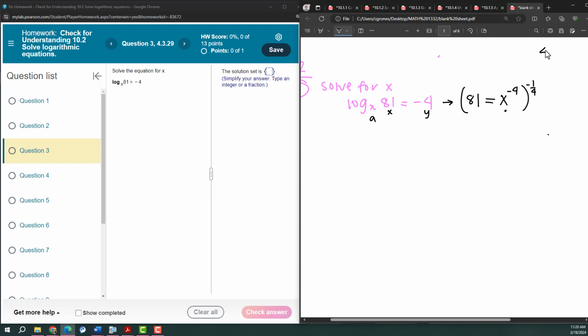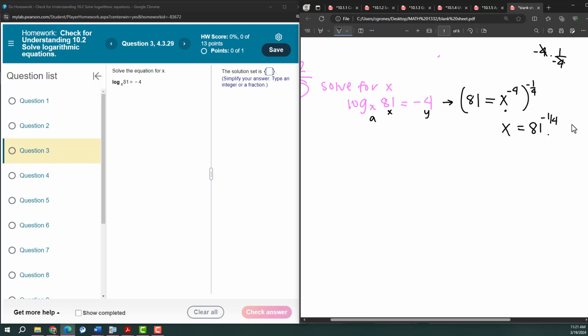Because if we have -4 times 1 over -4, those will cancel and we're left with 1. So I have x to the power of 1, which is just going to be x. So we end up with x equals 81 to the -1/4 power.